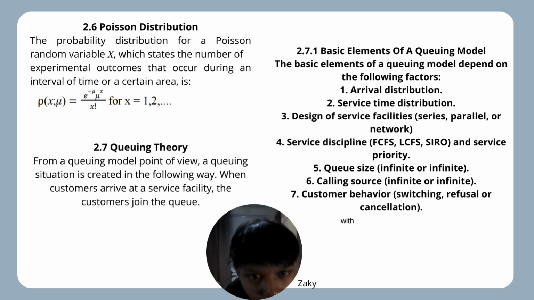2.7.1 Basic elements of a queuing model. The basic elements of a queuing model depend on the following factors. 1. Arrival distribution. 2. Service time distribution. 3. Design of service facilities: series, parallel, or network. 4. Service disciplines: FCFS, LCFS, and service in random order, and service priority. 5.